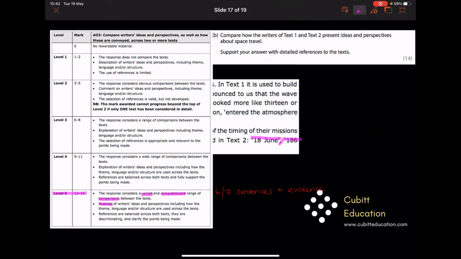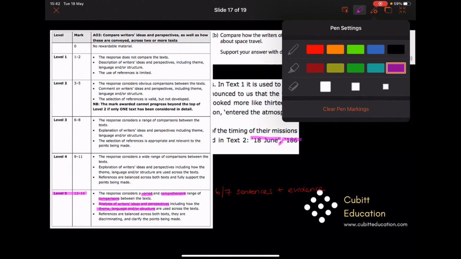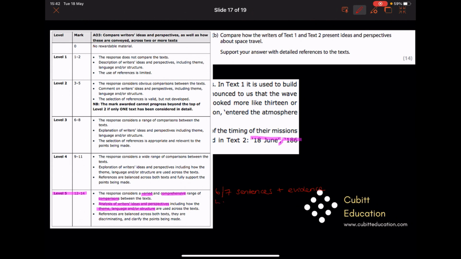You've had an analysis of the writer's ideas and perspectives, including how the theme, language and or structure are used across the texts. So you could have talked about language, and they did talk about language a lot, so they said the type of language which was technical, or they used measurements. The theme or the structure, they definitely discussed whether it was a personal account or third person.